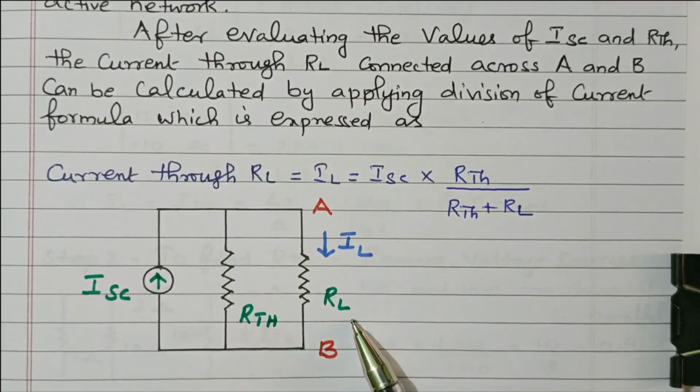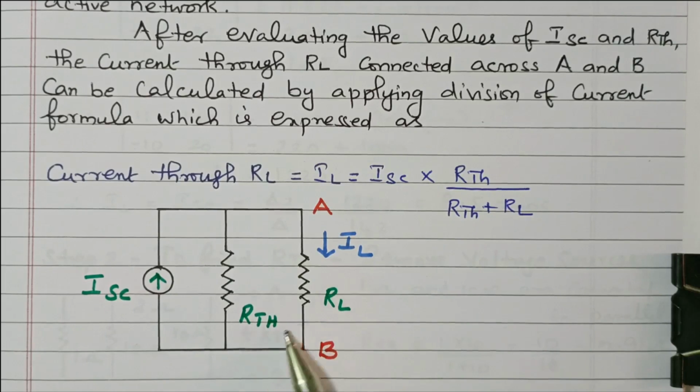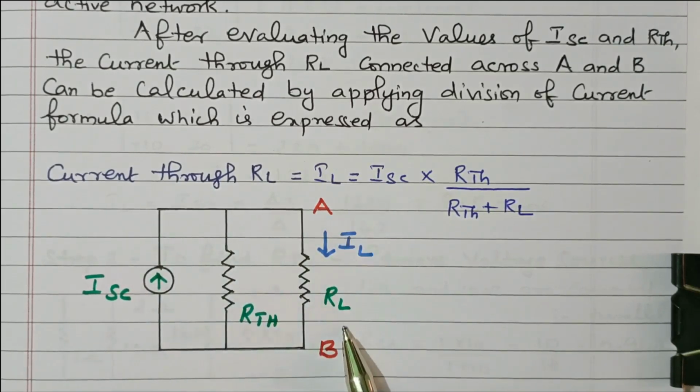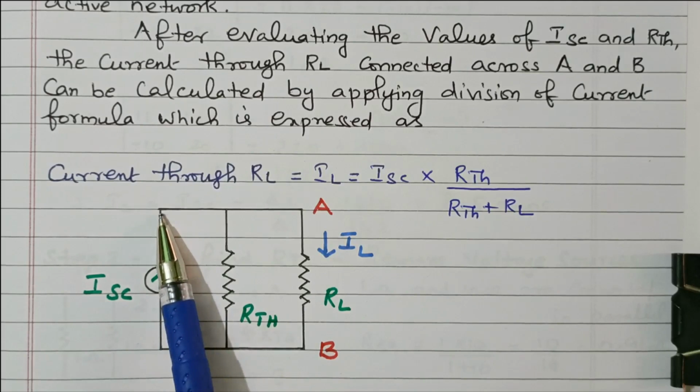This is the load resistance RL, and our aim is to find the load current IL. Because of this simplified network, we can easily find the current through the load resistance by using the current division rule.